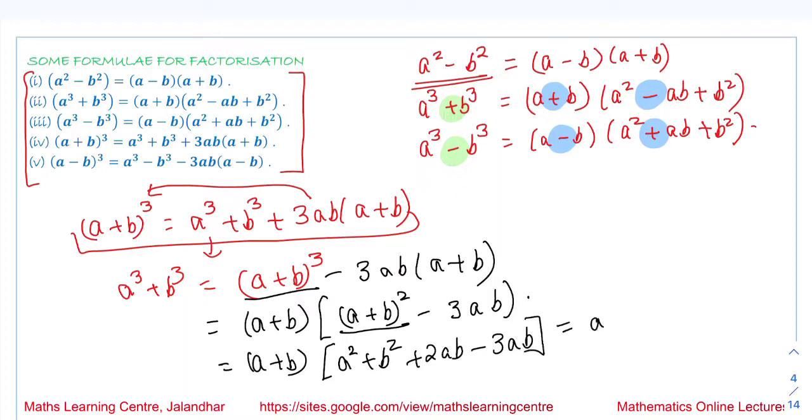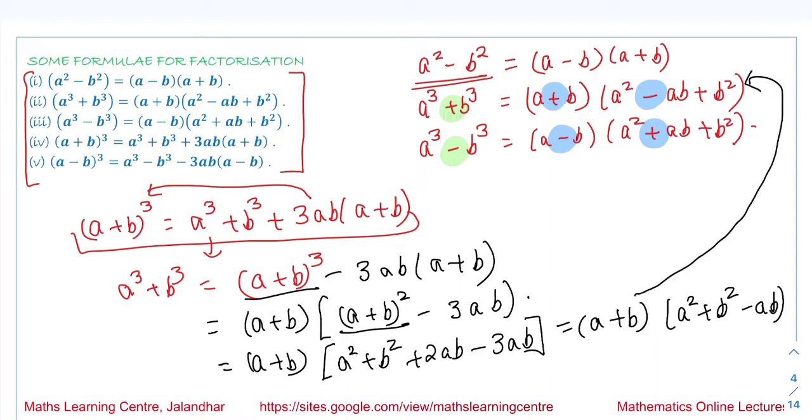So what we get is a plus b into a square plus b square minus ab, and this is what this formula is saying. Now if you are asked how we are getting this formula, a plus b whole square is equal to a square plus b square plus 2ab.